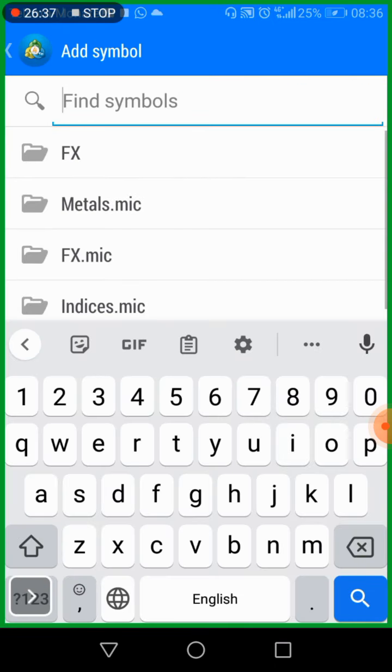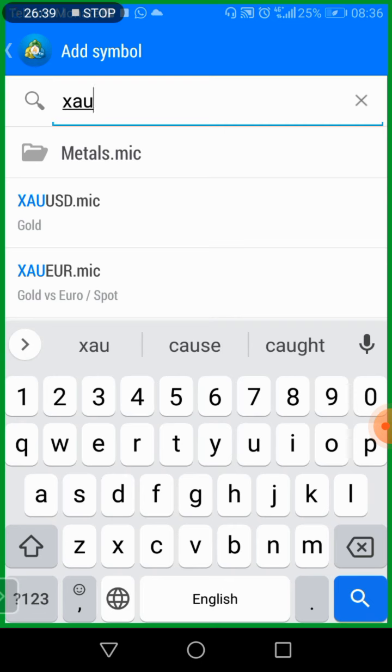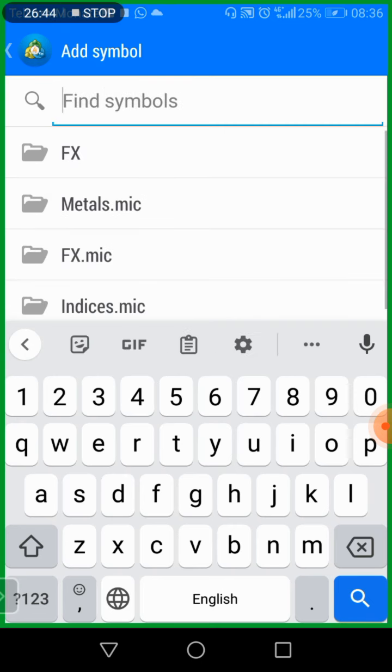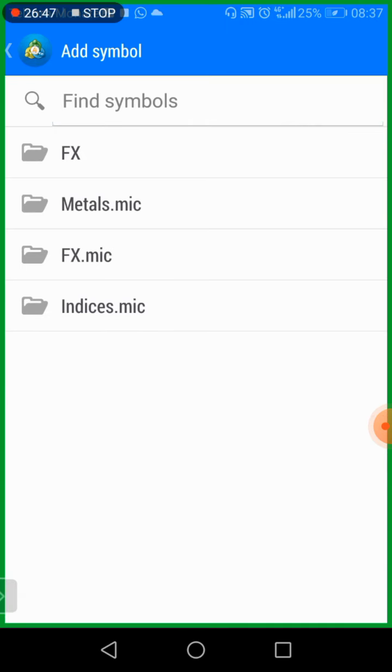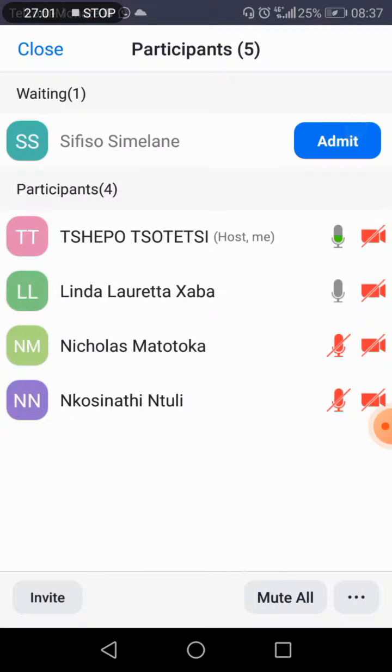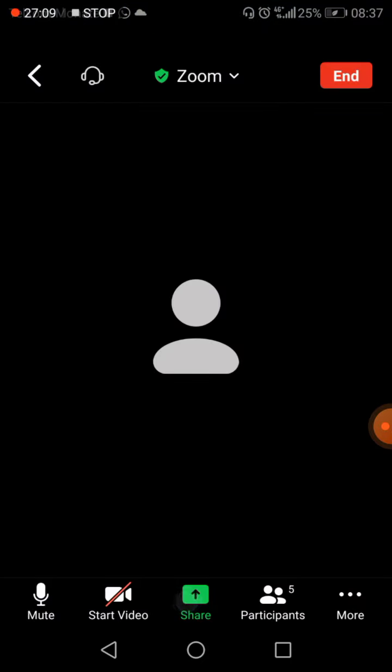add gold, guys, as Linda requested that we look at gold. I want to add gold. MT5. Let's look at gold.